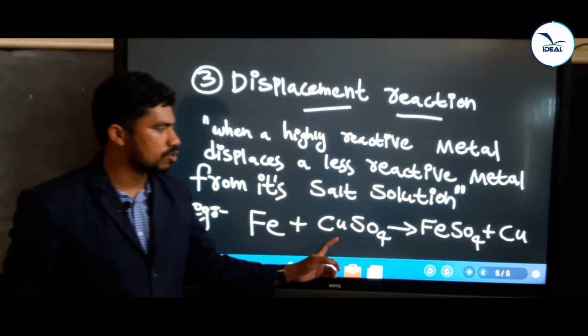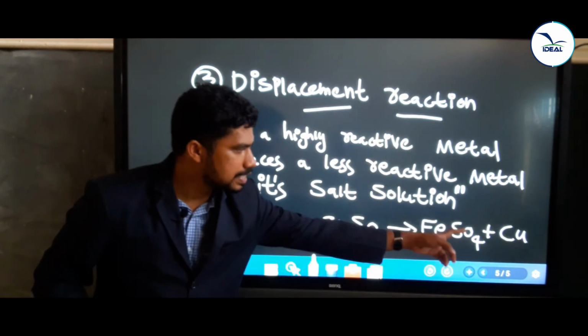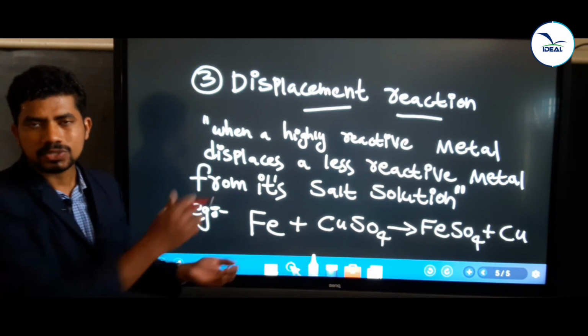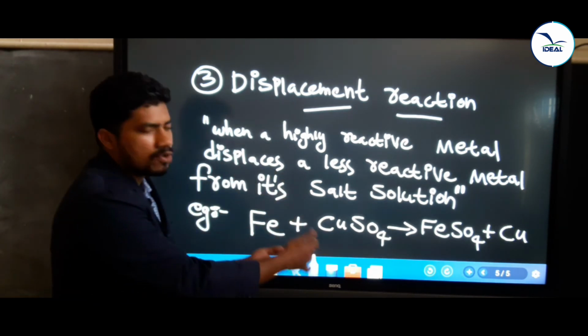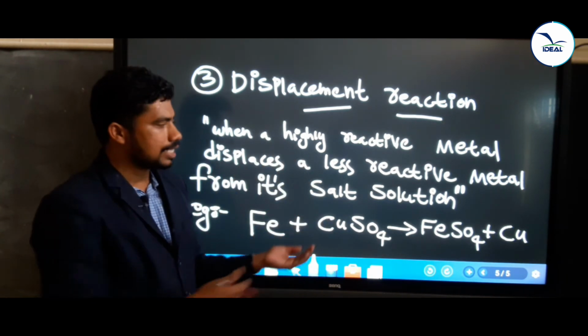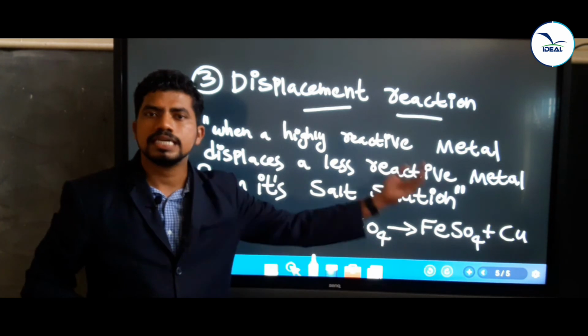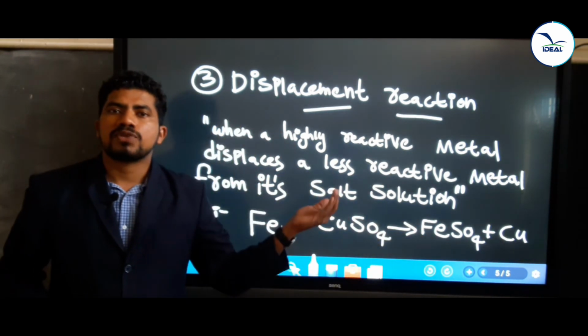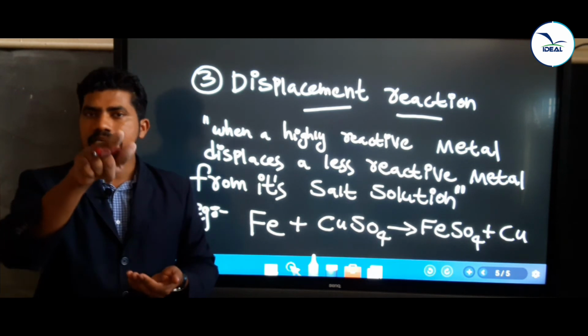Fe plus CuSO4 gives FeSO4 plus Cu. In this reaction, iron is more reactive than copper. So iron can displace copper from copper sulfate solution. Then you will get FeSO4 and copper. Similarly, we can make a number of reactions by observing the reactivity series.